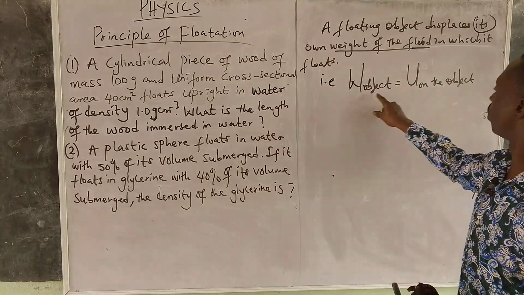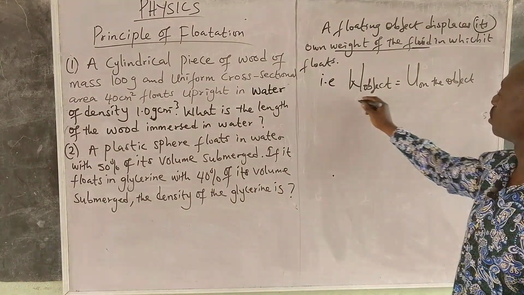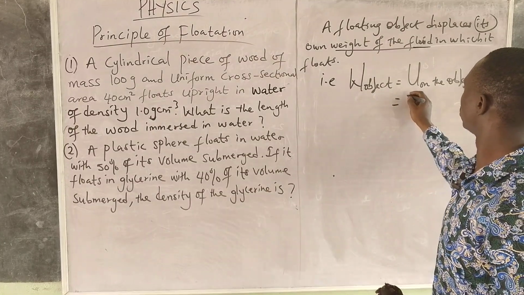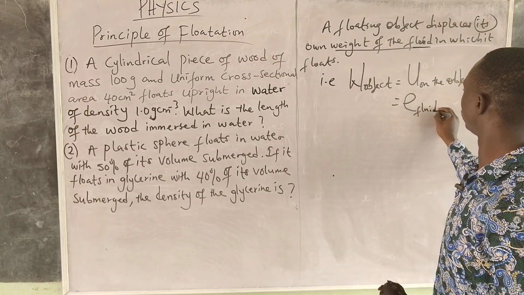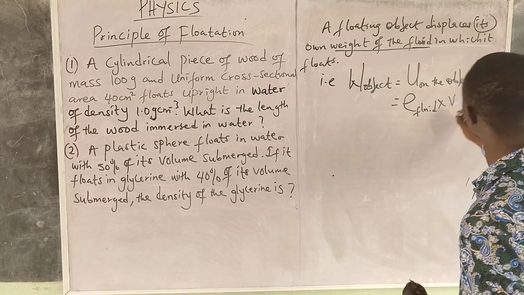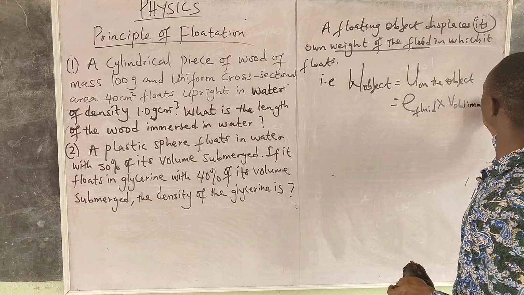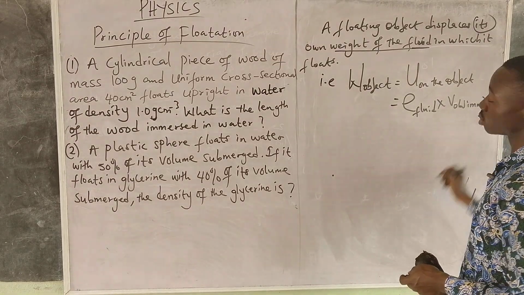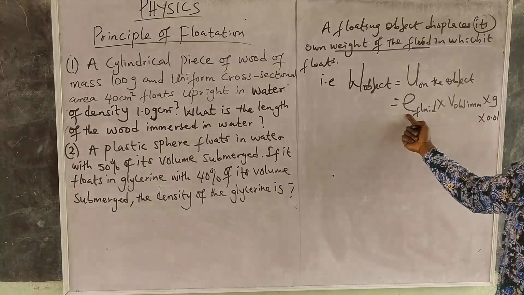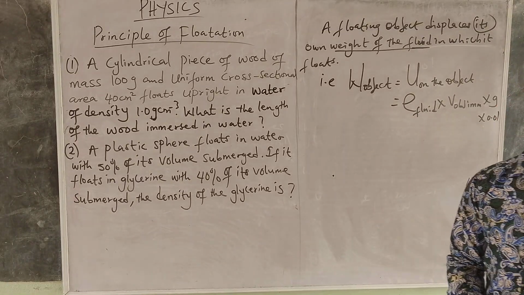So, meaning the weight of the object is equal to the upthrust on the object. And don't forget, what is upthrust? Density of fluid times volume of object immersed times g, or times 0.01, depending on what the unit of density is and then the unit of volume.